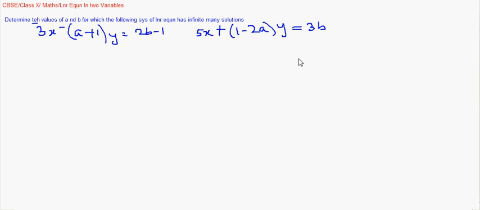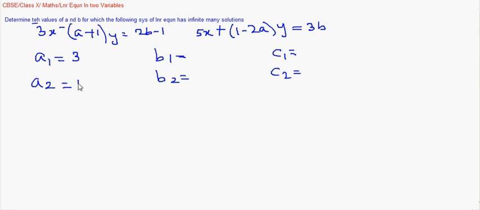The equations are in this way, so just note down carefully what your A1, A2, B1, B2, C1 and C2 are. This is 3, this is 5. Now come to B1. B1 will be minus of (a plus 1). B2 will be 1 minus 2a. Similarly, C1 will be 2b minus 1 and C2 will be 3b.